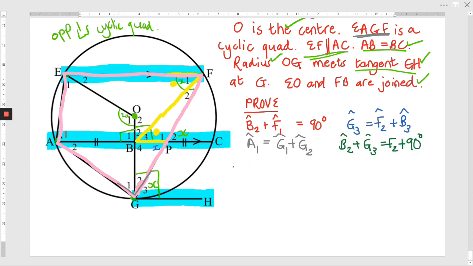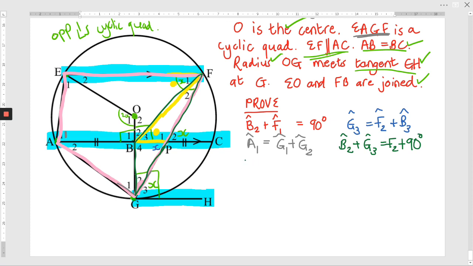The next one is that B2 plus G3, who are nowhere near each other, equals F2 plus 90. So again, I'm just looking for replacements. Okay, so B2 and what else? What does B2 equal? And where is the G3 in it? Let's look at B2 being an exterior angle of this triangle here. So I'm looking for what else B2 can be.